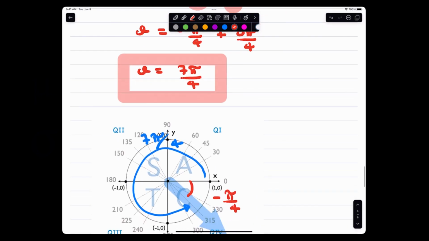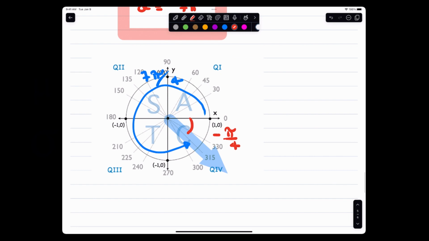Oh, right. Tangent's negative in what quadrants? Do you guys know? All students take calculus: in quadrant 2, not in quadrant 3, quadrant 4. We have the quadrant 4 answer. So the question's going to be, what is the quadrant 2 version?